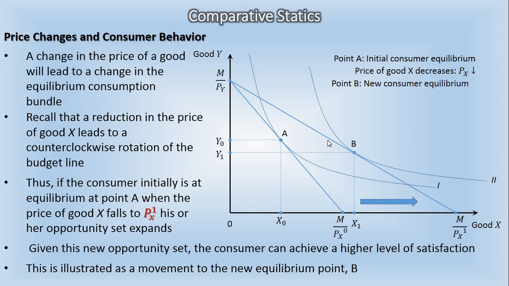Bundle B represents the most affordable consumption bundle that is most preferred because it lies on the highest indifference curve, corresponding to the highest level of utility.